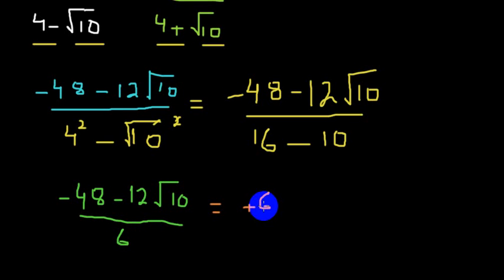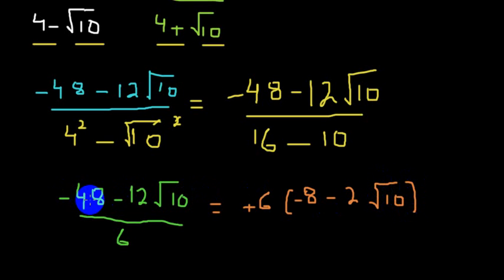So we will get 6 as common factor, and inside there will be left 6 times 8 is 48, so negative 8 actually. So negative 8, and then 6 times 2 is 12, and then square root of 10.